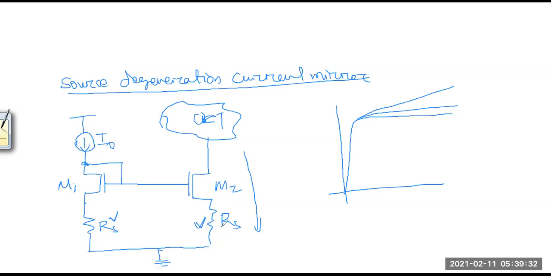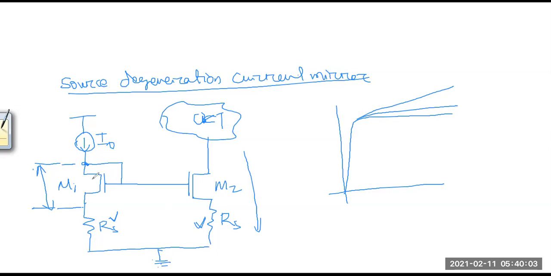If you increase the resistance, now see this. What is this voltage? For the simple current mirror, what is that voltage? V on, V effective. It's around 200 millivolt.